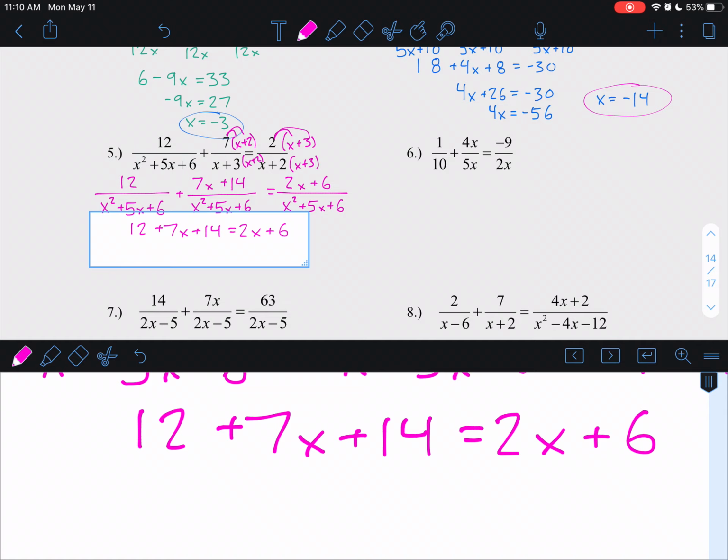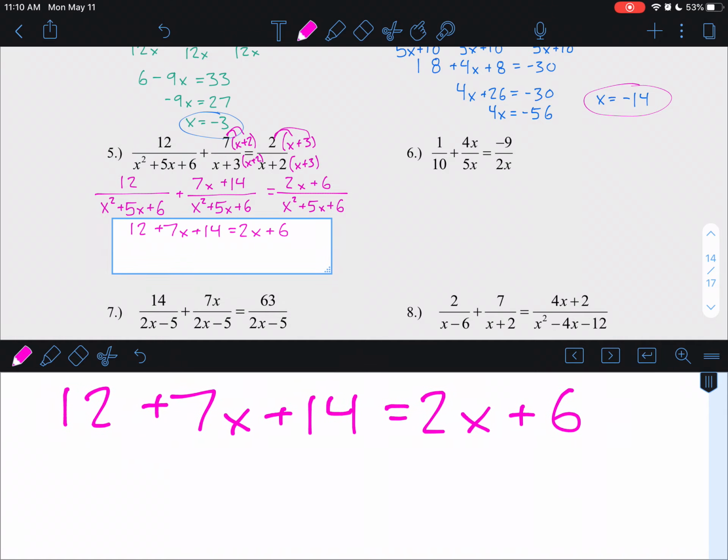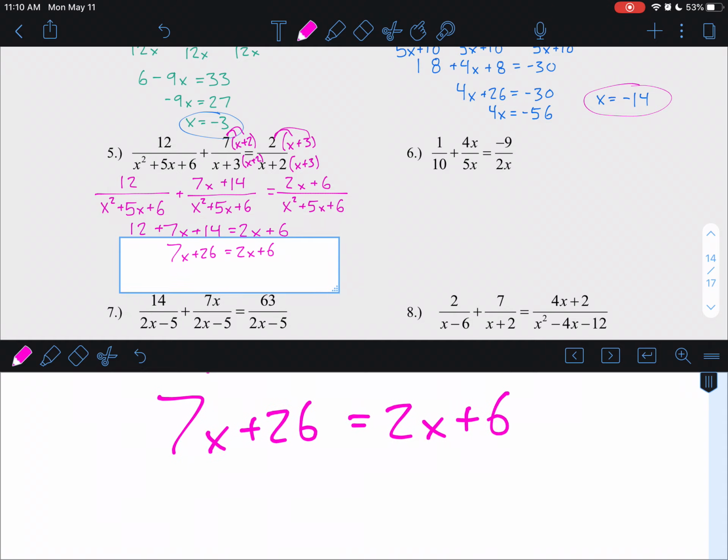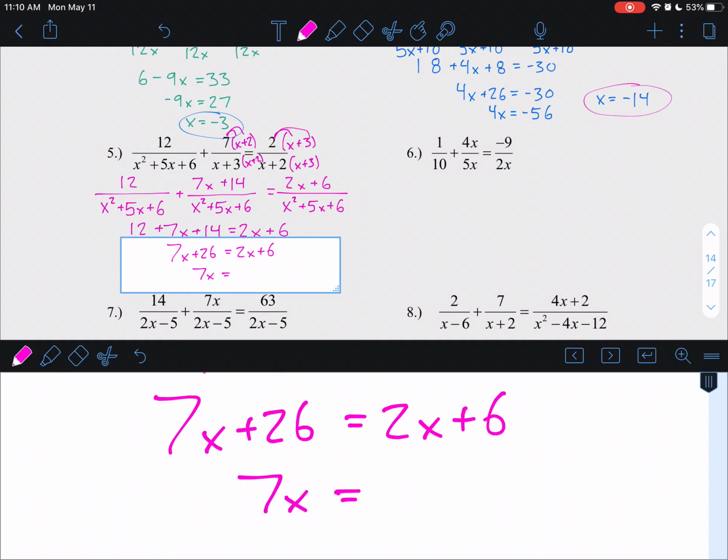Let's see, I'm going to combine my like terms. So I have my 12 plus my 14, 7x plus 26 equals 2x plus 6. I will subtract 26 from both sides. That's going to give me 7x equals 2x minus 20.